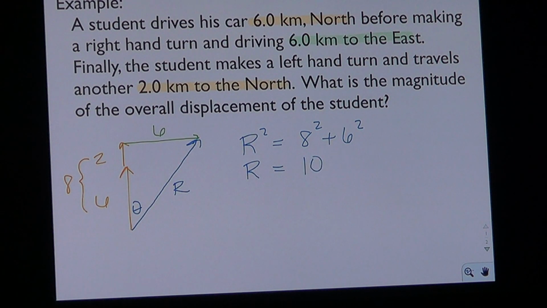And how would we find the direction? Inverse tangent. Yes, so I'm gonna start by saying the tangent of theta is what? 6/8. 6/8, opposite over adjacent, so it's gonna be the inverse tangent of 6 divided by 8.